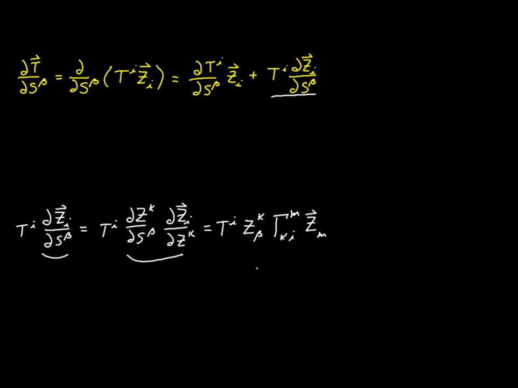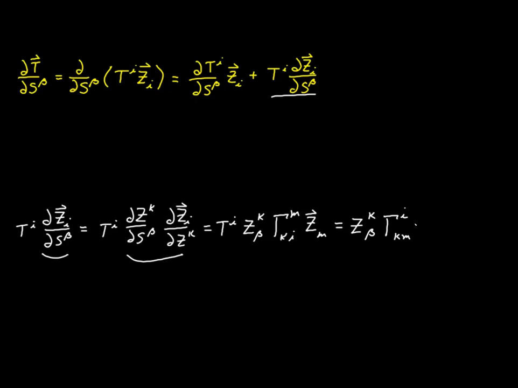All right. So finally, let me reorder the terms a little bit. And I also want to do some renaming. I'm going to rename m to i and i to m. So we'll start with zk beta, and then we've got gamma. After renaming m to i and i to m, this is what we'll have.